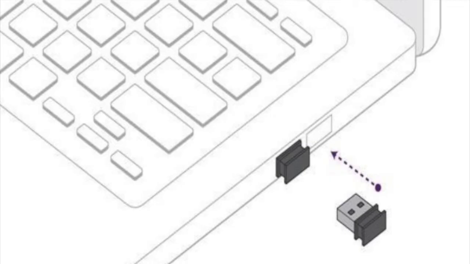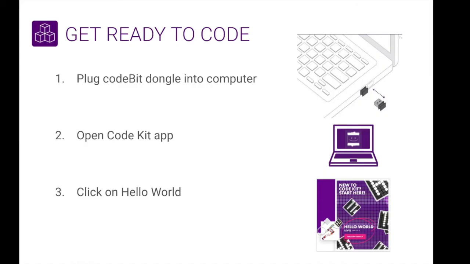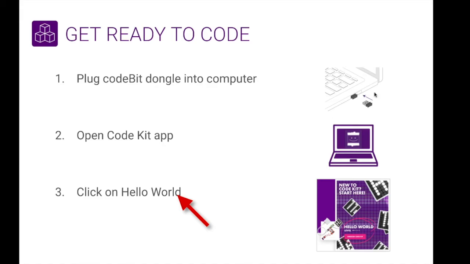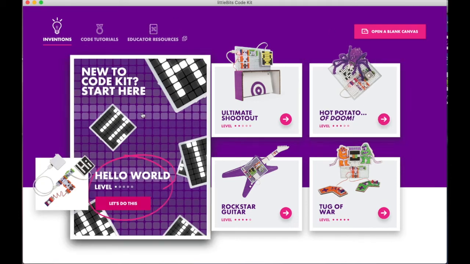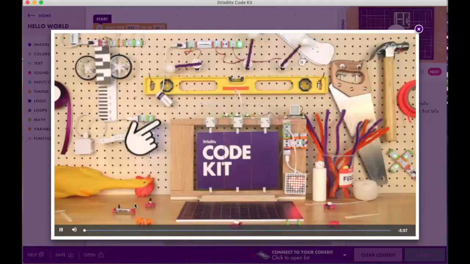Plug the code bit into our computer, open the CodeKit app, and click on Hello World. Now we're ready to get started with the Little Bits CodeKit app. We'll open it up and click on the Hello World lesson.